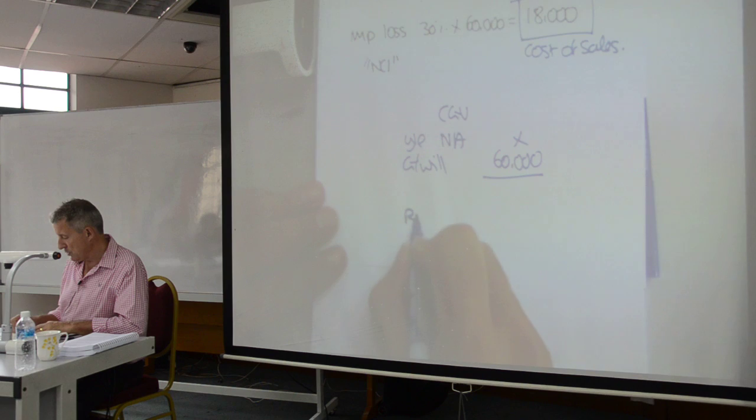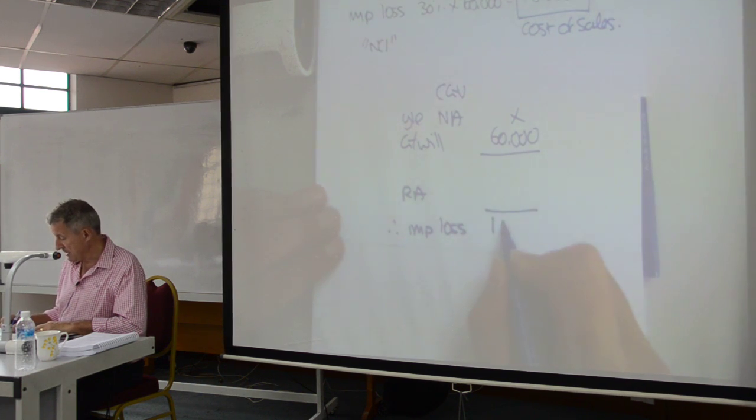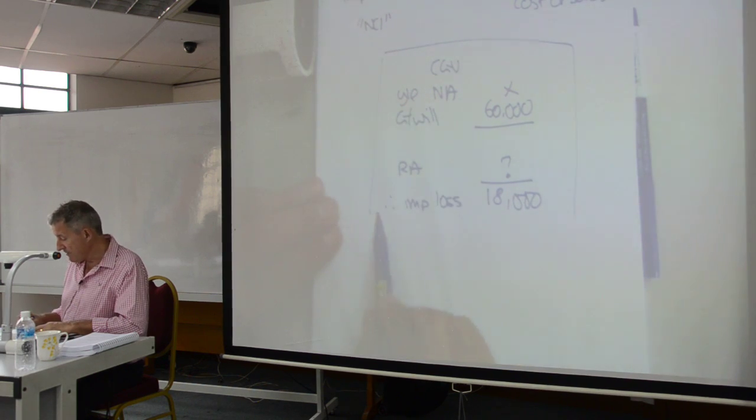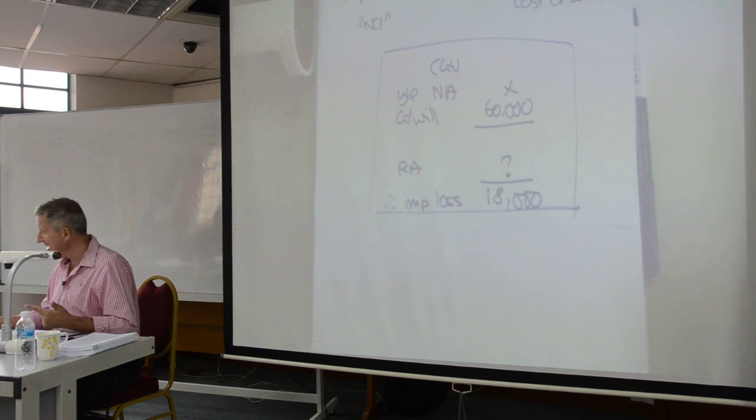And then you would have your recoverable amount, and then you would have your impairment loss. I don't know the recoverable amount, I don't know the year-end net assets, so I can't physically do the impairment review in the traditional way.